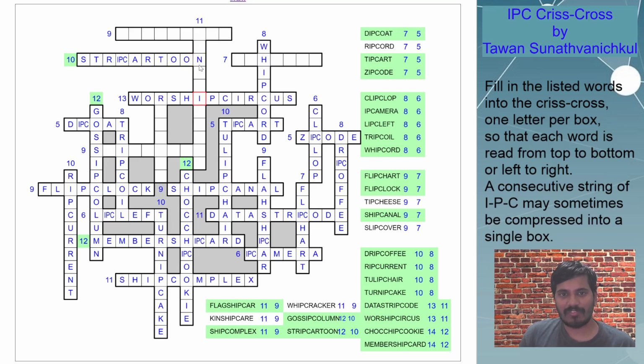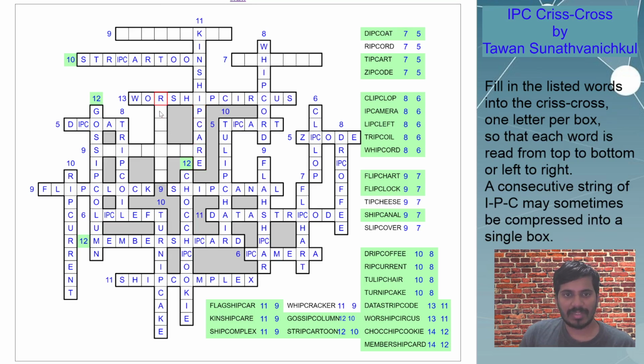Now we have two alphabets for this column, which is an 11-letter word, and we need N and I. And we can see that whip cracker does not have N, so it has to be kinship care. So let's mark that. Kinship care.